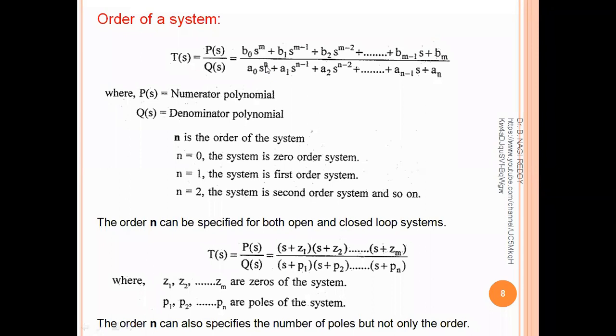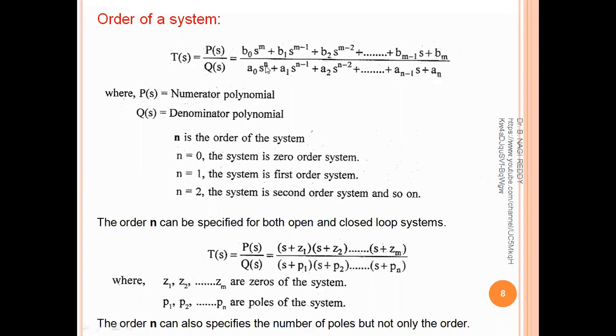So this is one thing, and you may have a doubt, sir, whether this order can be determined for open loop or closed loop. We can determine the order for both open loop as well as closed loop systems. So we need to get the transfer function first. From the transfer function, the denominator s power can be seen.